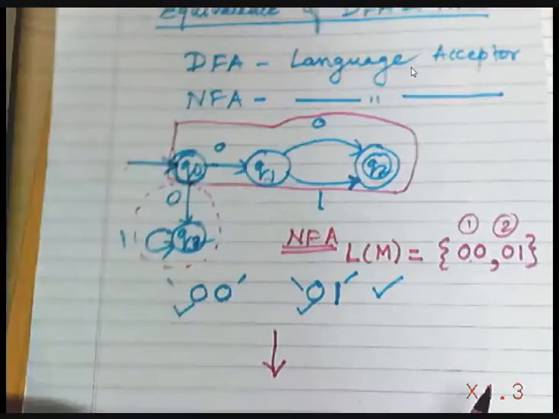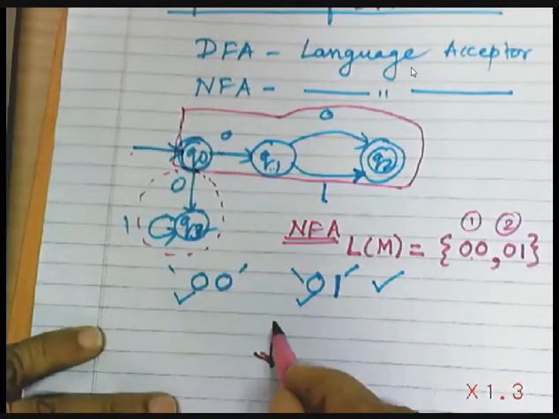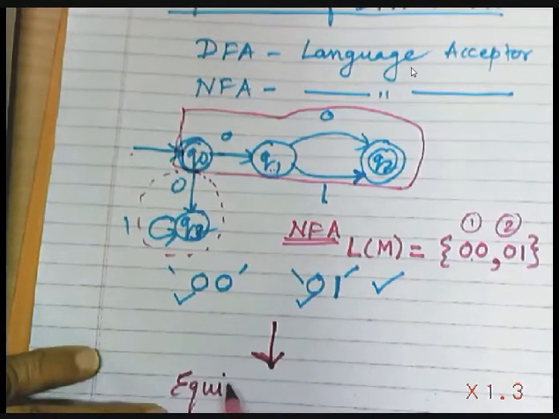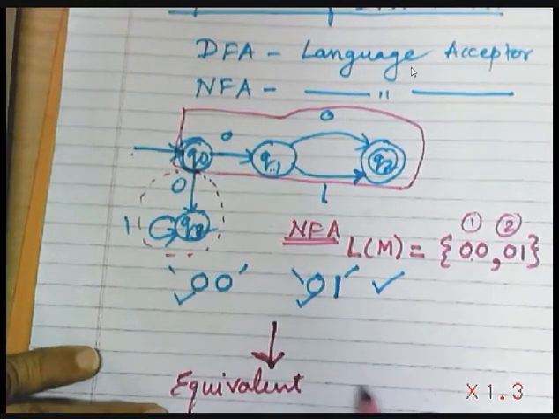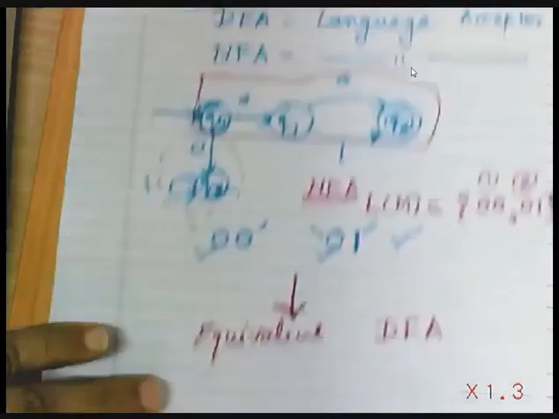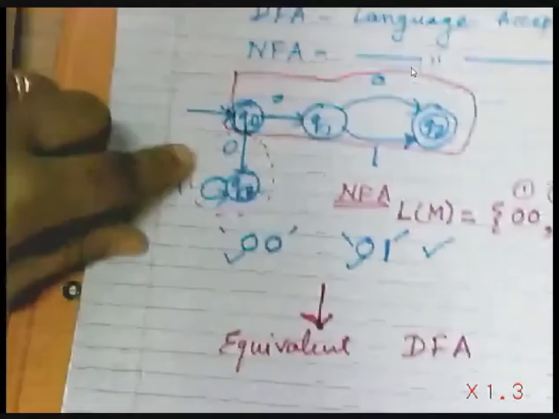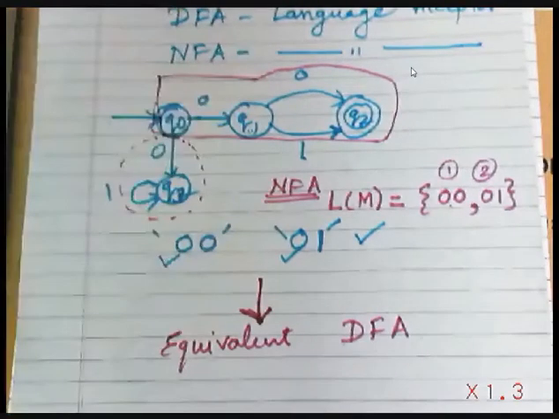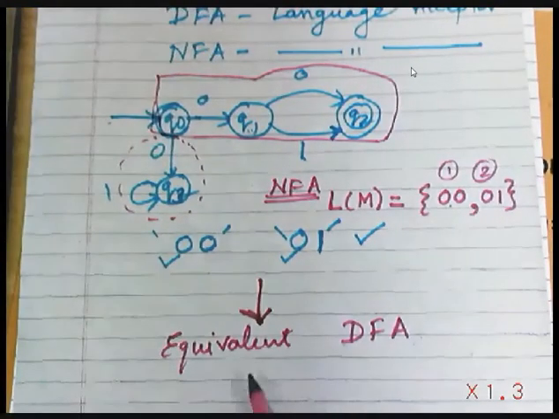Now when I draw the equivalent DFA, I could not keep this particular part. We will have proper methods for conversion later; for now I am just showing you the power of the two machines.